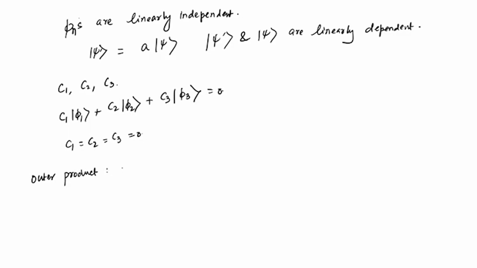So, outer product and what we call a change in basis. Okay. And we want to a priori talk about a property, that the trace of an operator, or the expectation value of an operator, is independent of the basis.